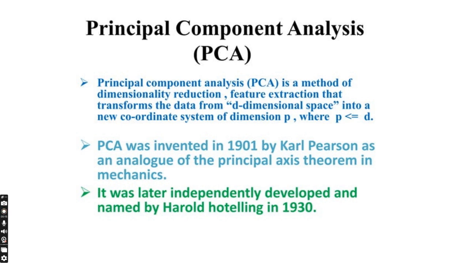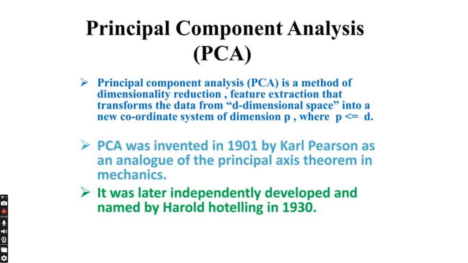What is principal component analysis? Principal component analysis is a method of dimensionality reduction and feature extraction that transforms the data from d-dimensional space into a new coordinate system of dimension p, where p is less than or equal to d. So principal component analysis clearly states that it is a dimensionality reduction.